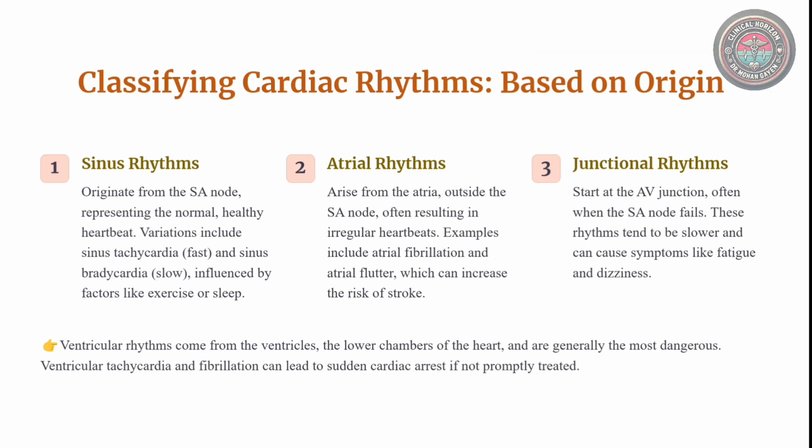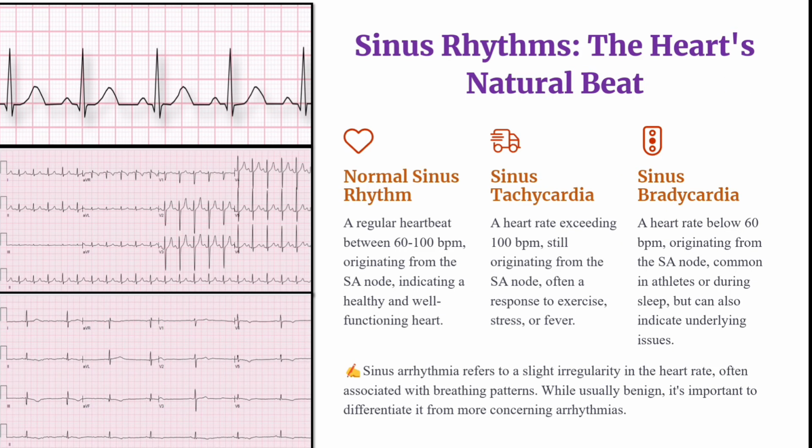Atrial rhythms originate from the atria and include atrial fibrillation, atrial flutter, and premature atrial contractions. Junctional rhythms arise from the AV junction and are characterized by absent or inverted P waves with a normal or slow rate. Ventricular rhythms originate from the ventricles and include ventricular tachycardia, ventricular fibrillation, and premature ventricular contractions.